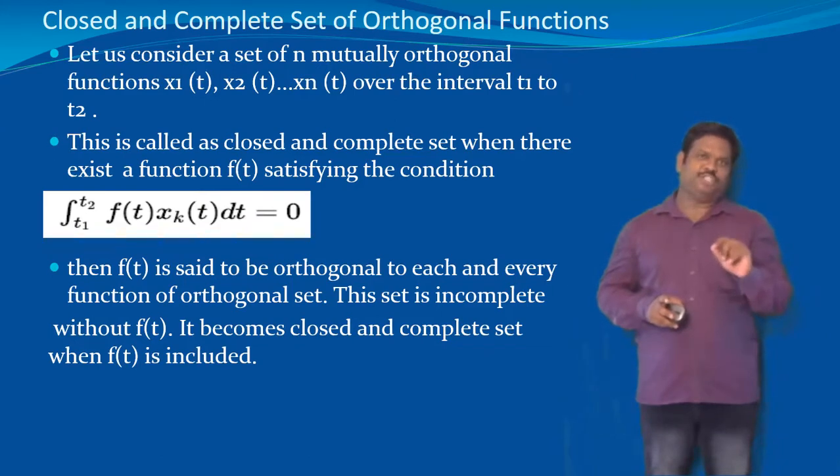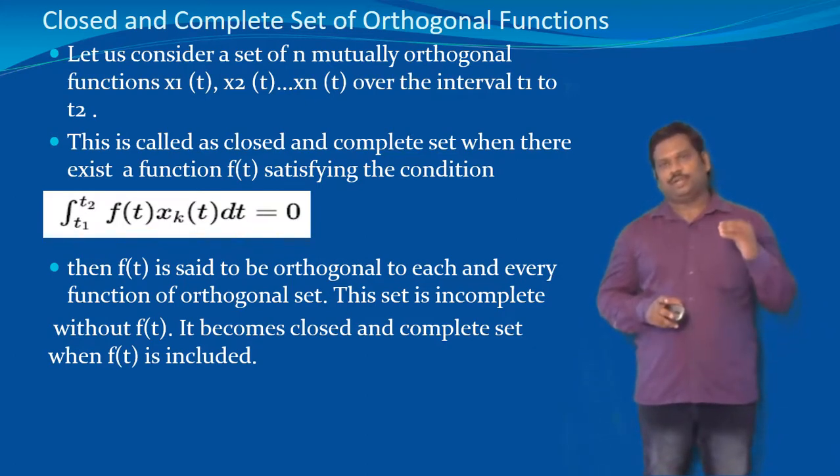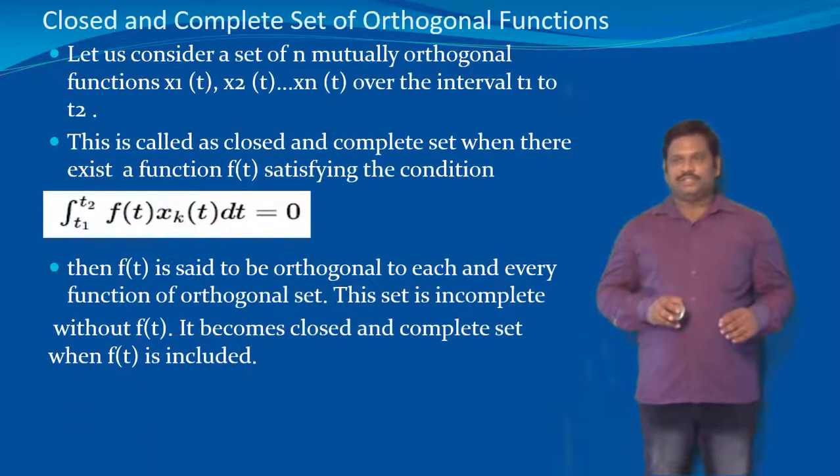Whenever f of t is included, it is called a closed or complete set of orthogonality. Without f of t, it is not a complete set of orthogonal functions, right?